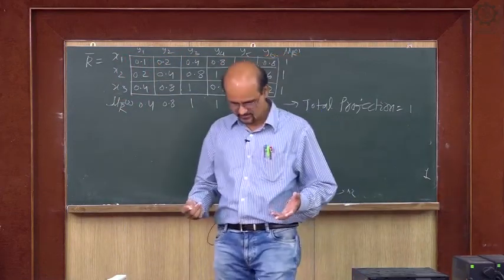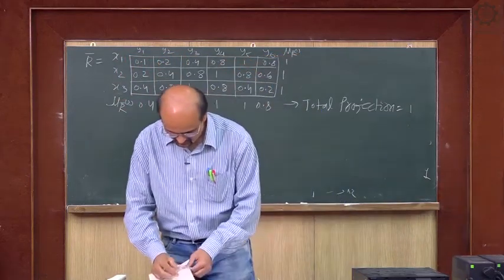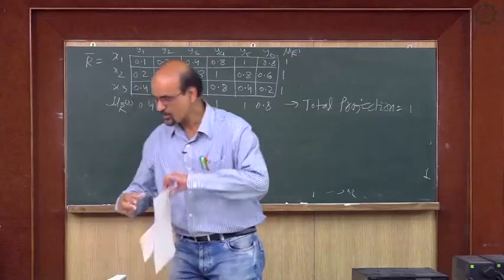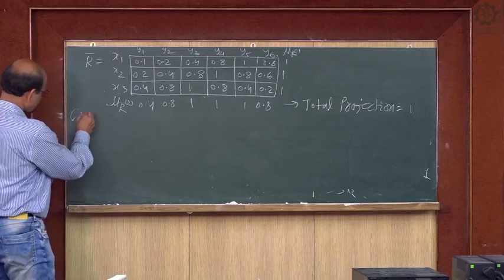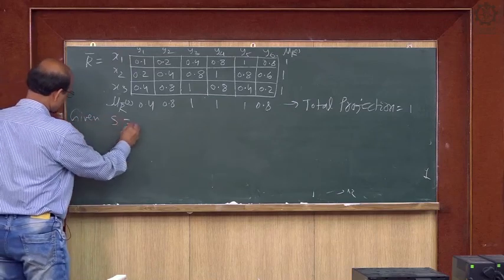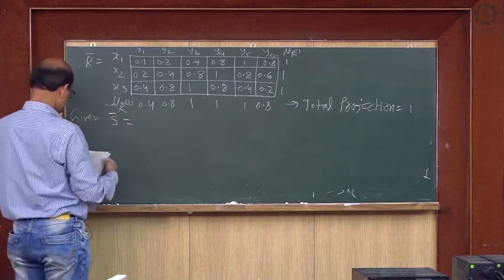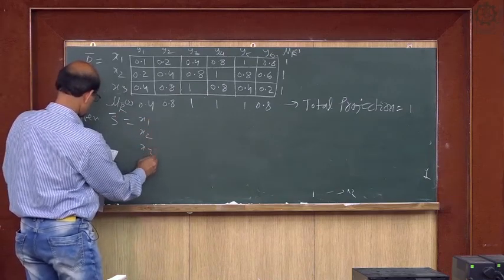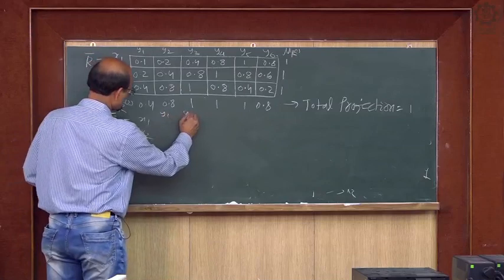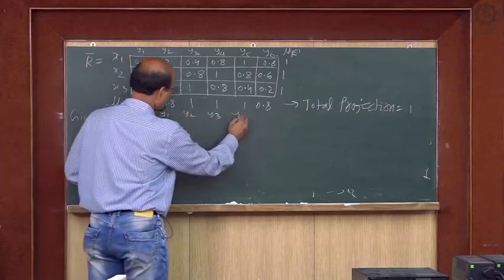That is also very easy. So, let us take one example. We are given two relations. Given S is the relation, it is from x1, x2, x3 and y1, y2, y3, y4.